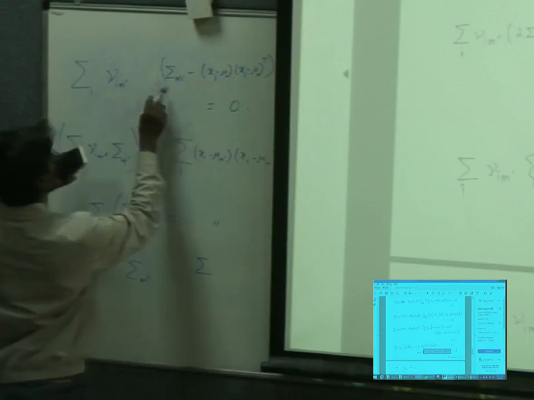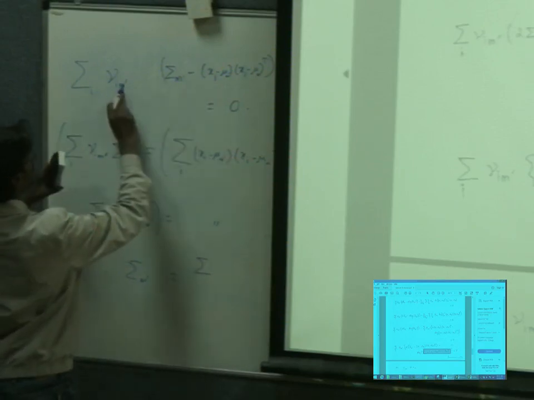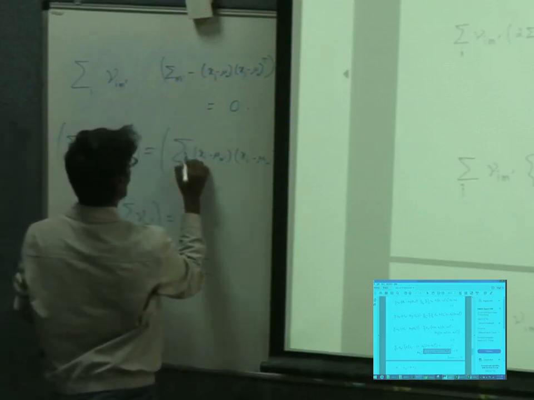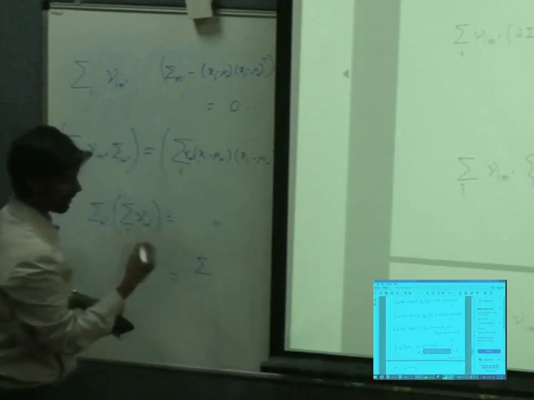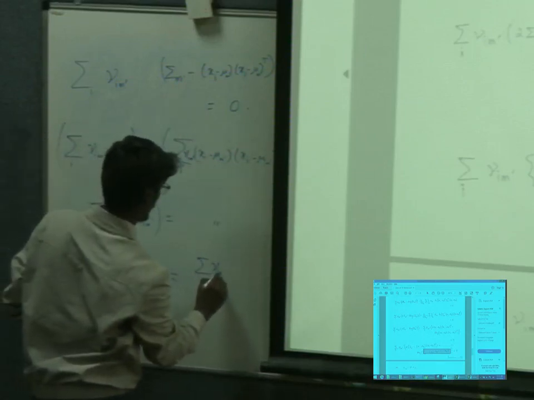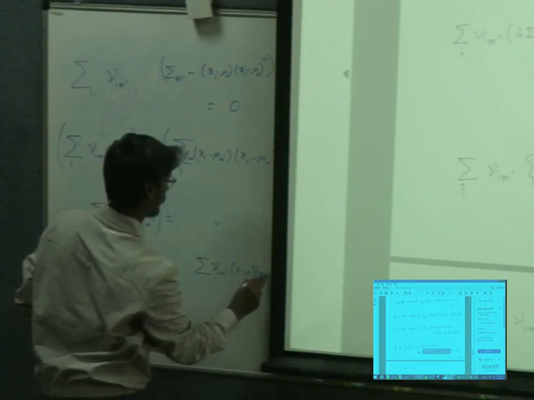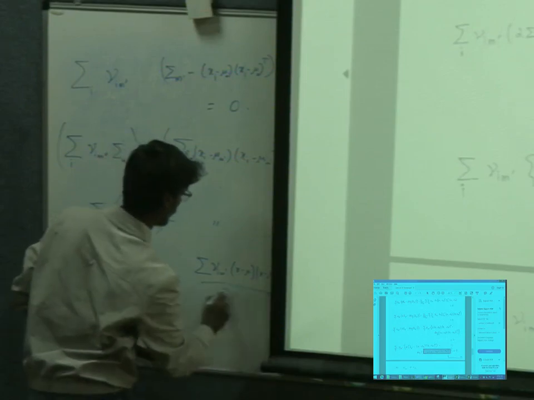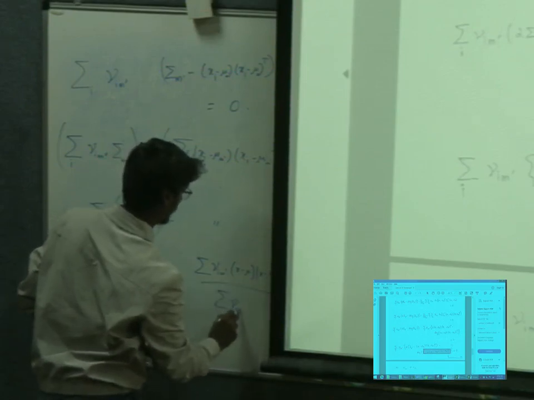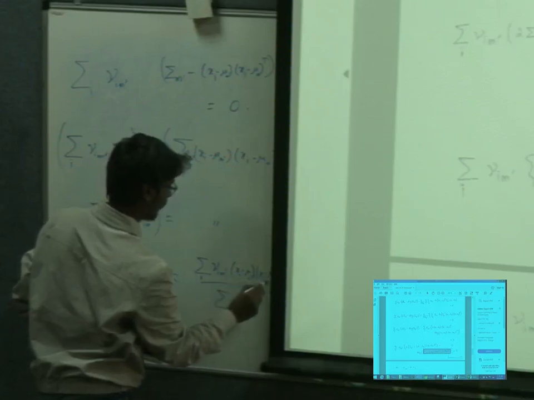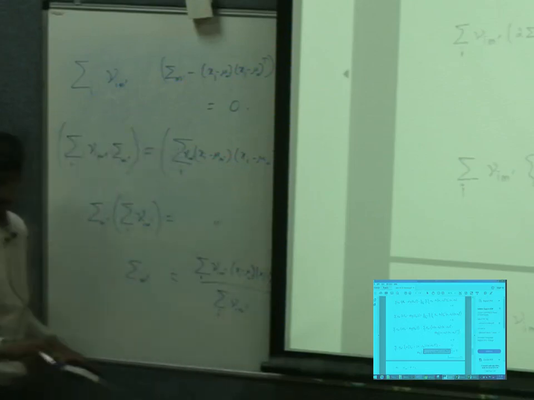Oh, sorry. When you split the sum, you have to take the gamma also inside. I forgot it. Okay, x minus mu transpose divided by the sum of gamma.